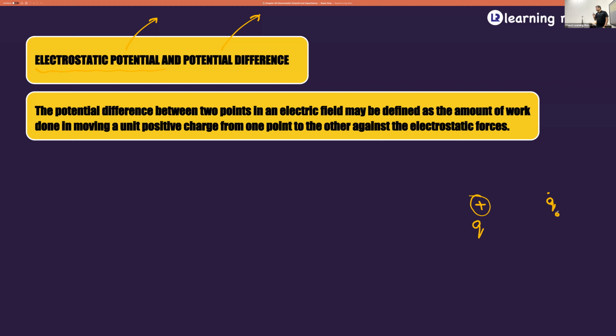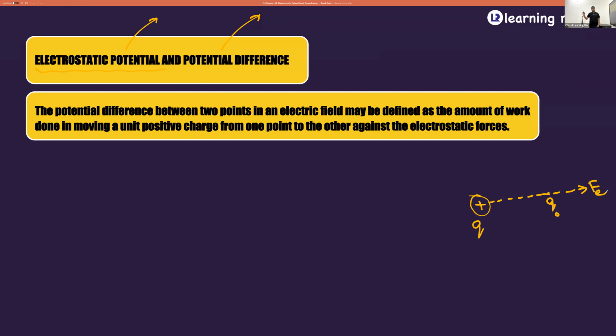It is my choice. The source charge can either be positive or negative. What will happen to this test charge due to this positive charge? It will experience a repulsive force. So the direction of the electrostatic force is going to be away. But what is the definition saying?